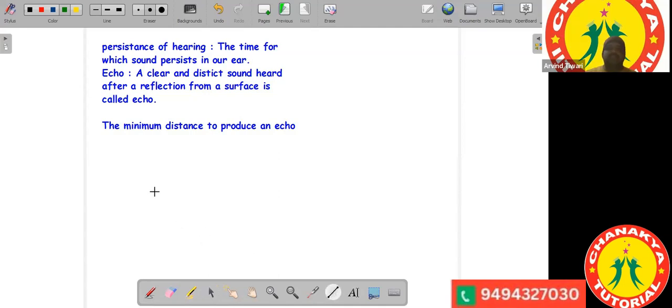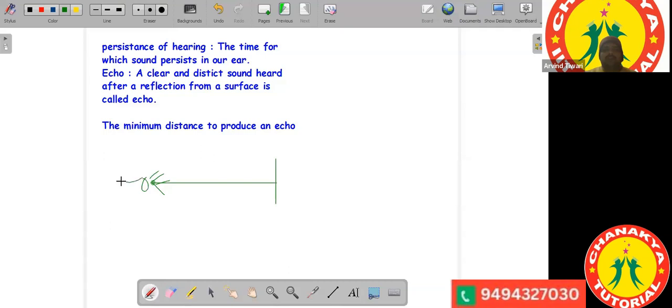17.2 meters, right? So suppose you speak from this point and here you have some wall or something. From here the reflection is expected. So this is the source from where you are producing the sound, with the speaker or whatever.